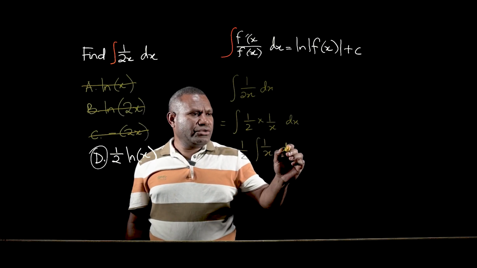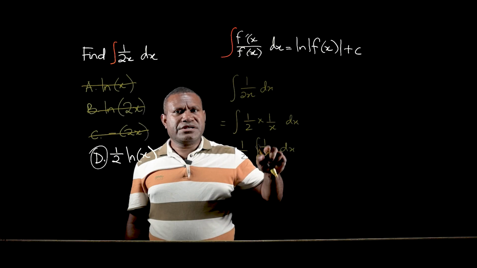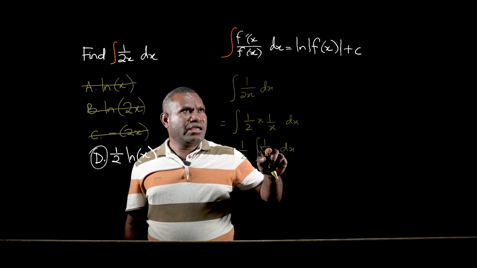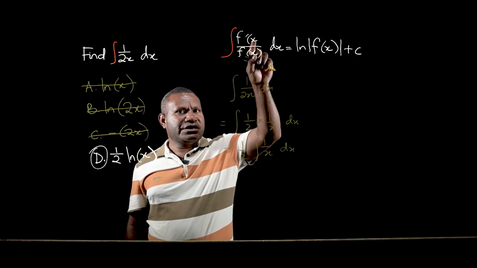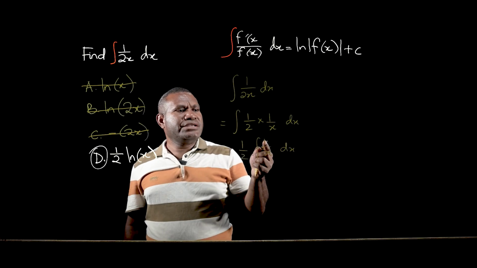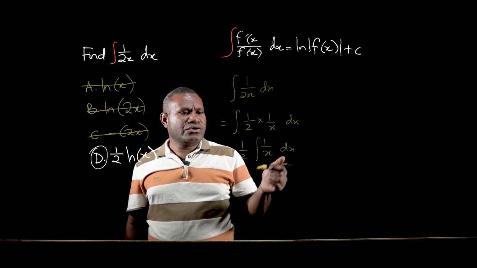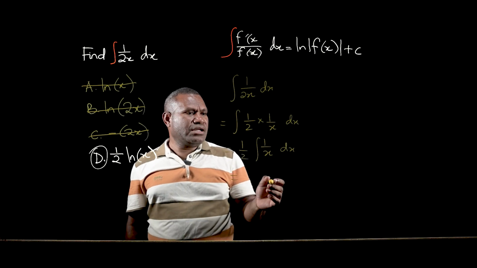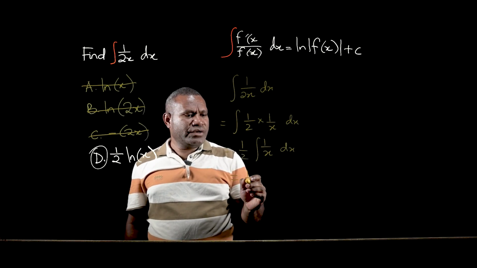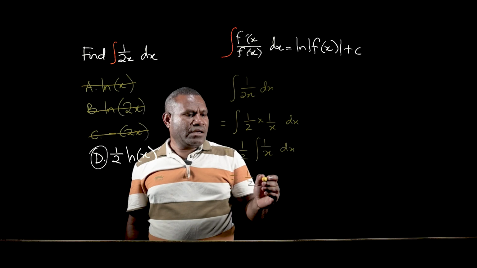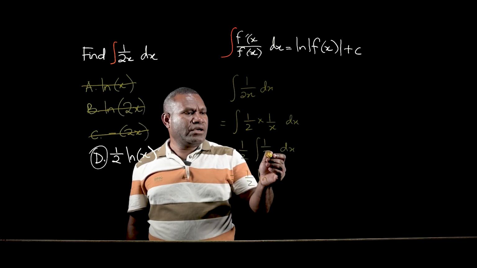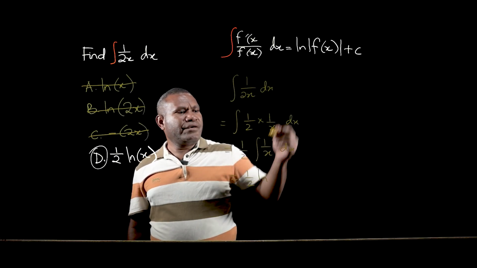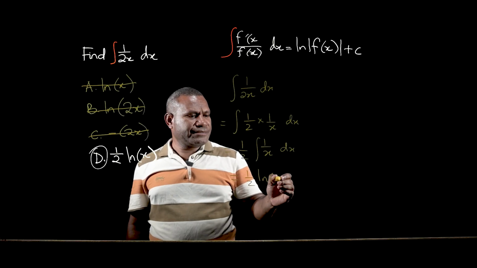Once we do that, you will see that this fraction fits the definition. 1 is the derivative of x, right? Using this standard result, our answer now will be 1 over 2 natural log of the function at the bottom, which is x.